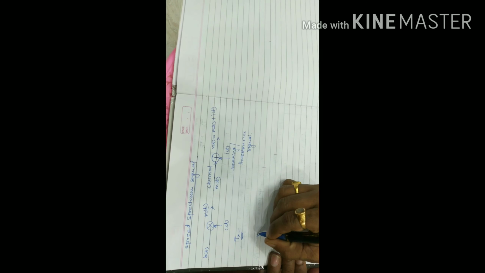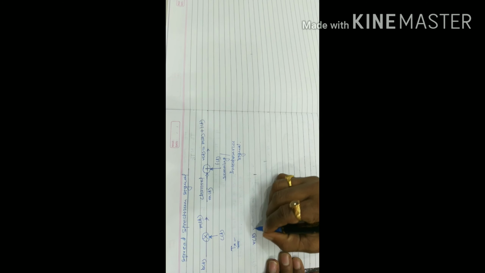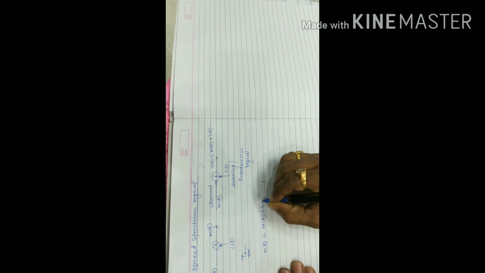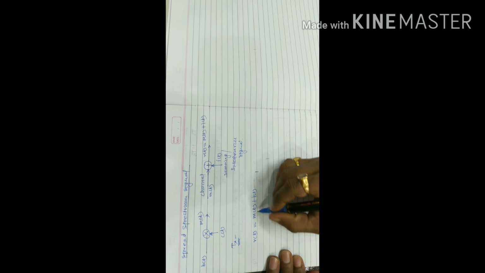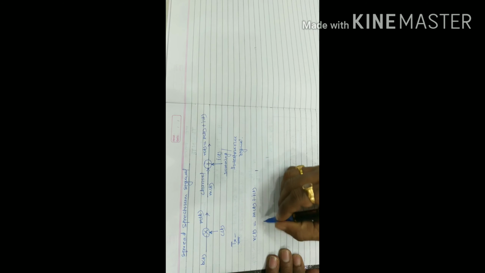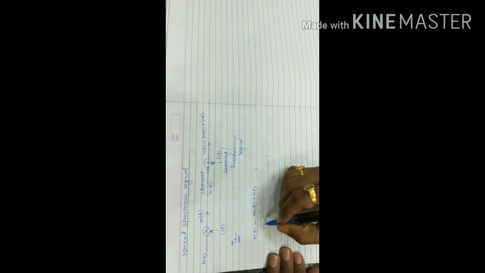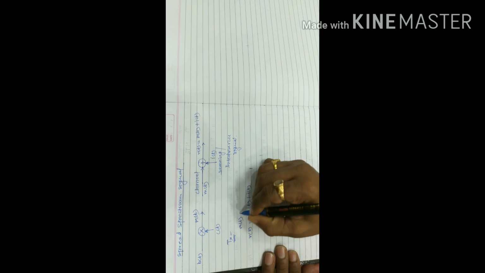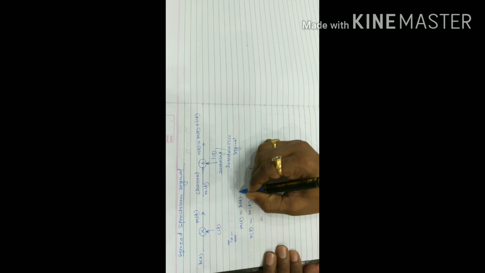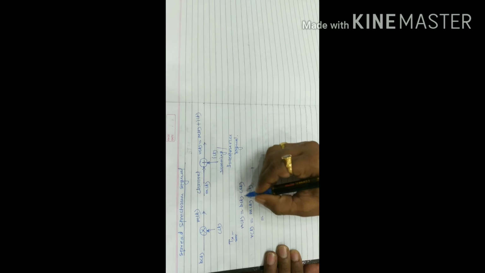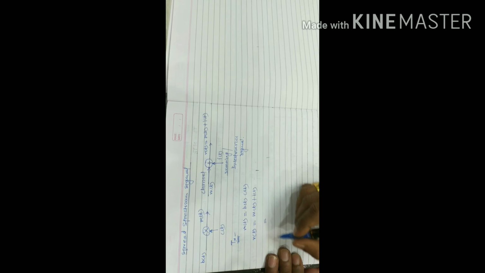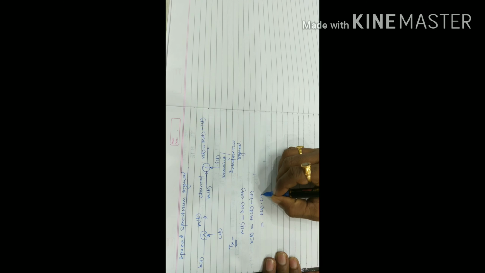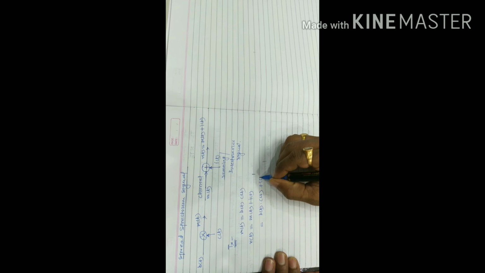So if we write the equations over here, R of t is nothing but M of t plus I of t, and we know that M of t is equal to B of t into C of t. So if we put the value of M of t over here, we will get B of t into C of t plus I of t.